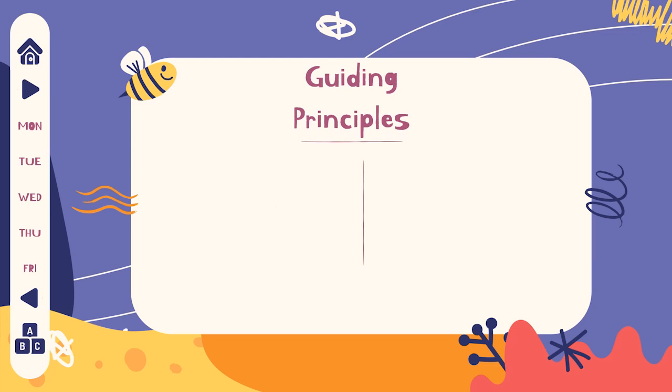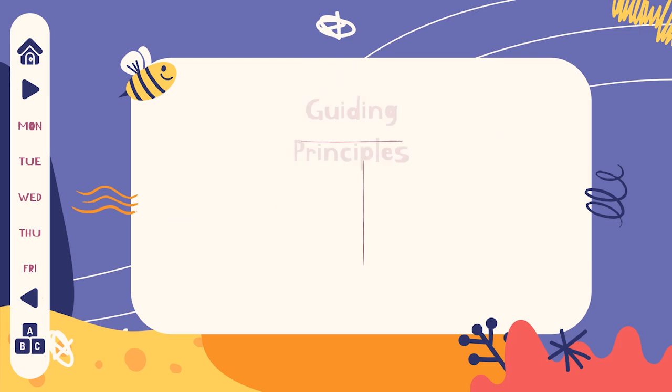Alright, we are at the first chapter about learning spoken language, the guiding principles. This chapter deals with the development of children's skills in spoken language, and there are two guiding principles in teaching.